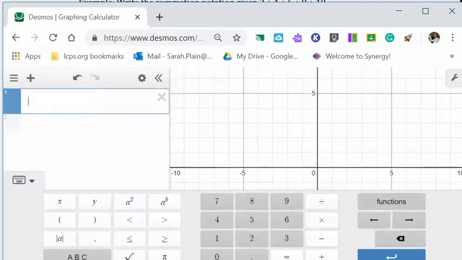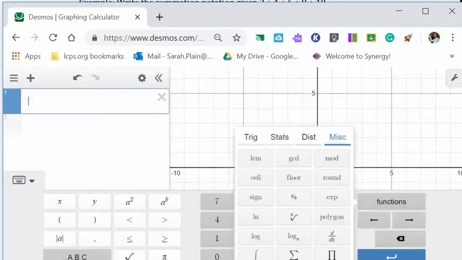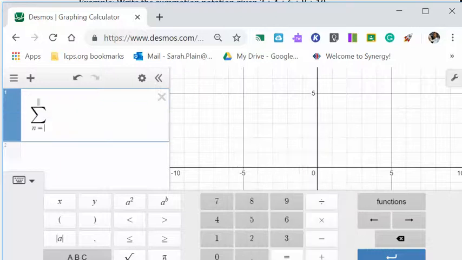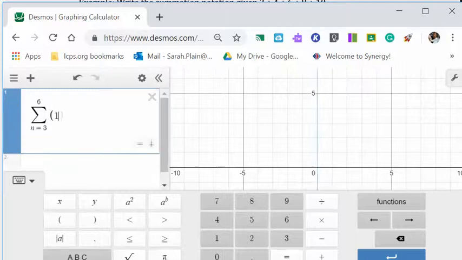And if I show you again, hit Functions, Miscellaneous down here. For 3, I start at my 3rd term, and I go to my 6th term, and then it's 1 plus k squared. Oops, I don't want to use k because my directions say n. So n, I should have gotten 90 on the 3rd problem.